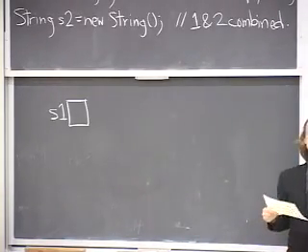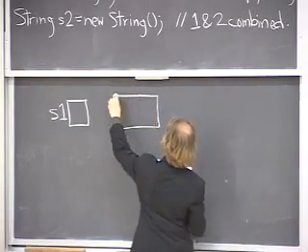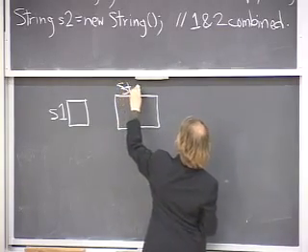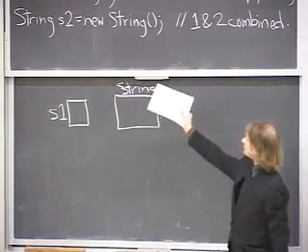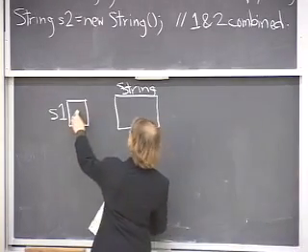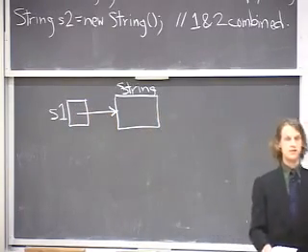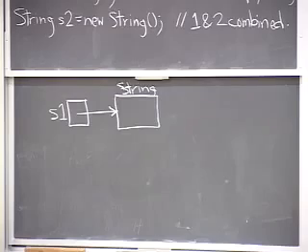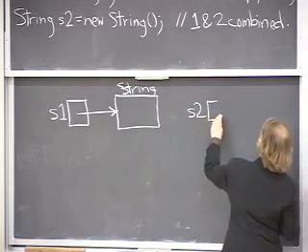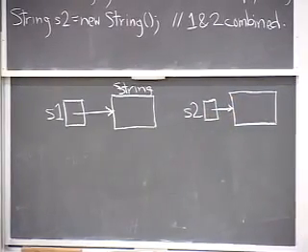And the second line constructs a brand new string object, and the equal sign, s1 equals new string, creates a reference that's stored in the box s1 and that points to that new string object you've created. And this final line here does the same thing with another variable called s2 and also creates another new string object which is different from the first string object.